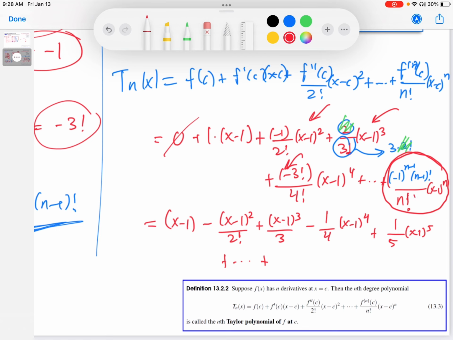Same thing. The denominator, n factorial, is n times n minus 1 factorial. And that n minus 1 factorial cancels with the numerator. So the last term down here is minus 1 to the n minus 1 over n times x minus 1 to the n.